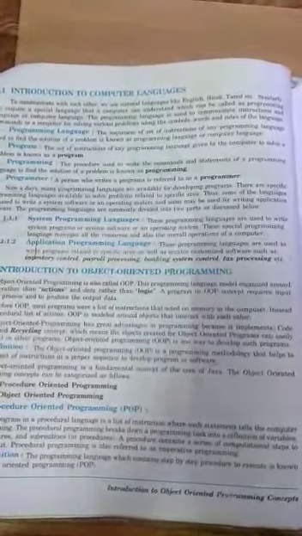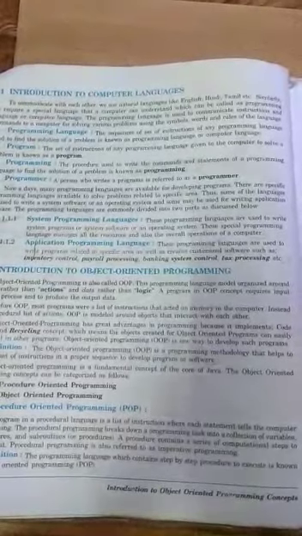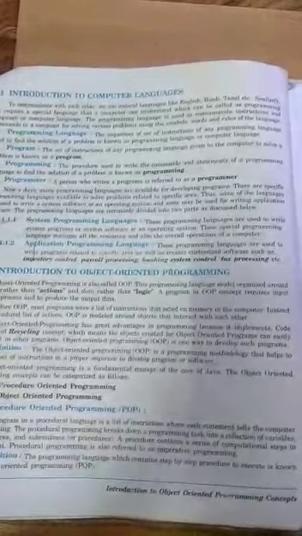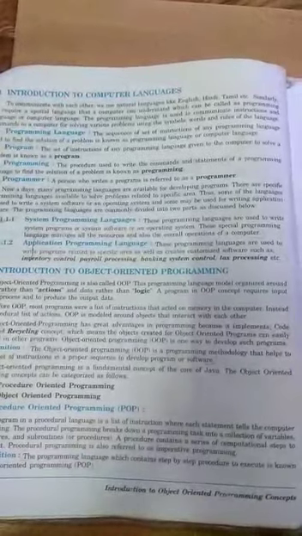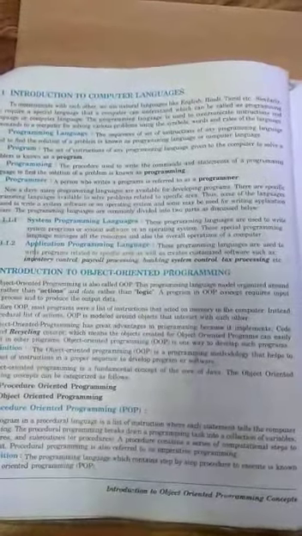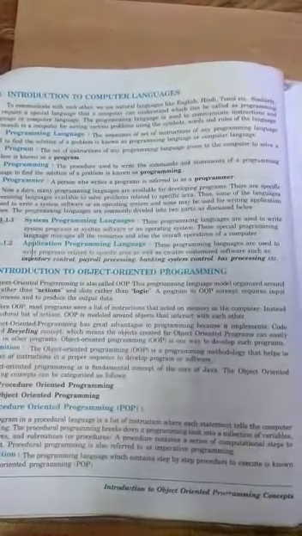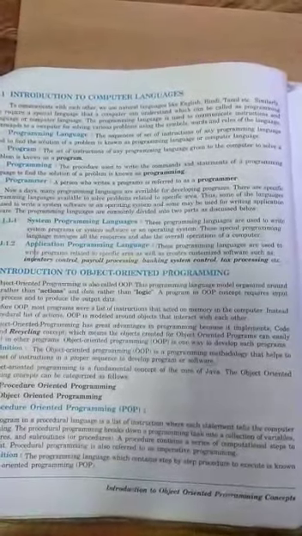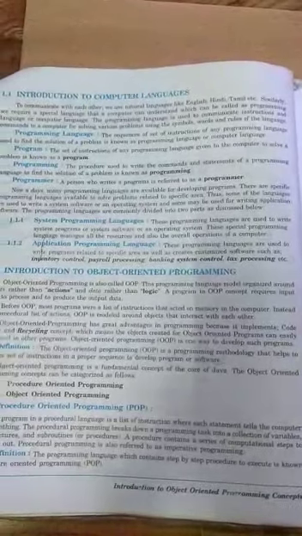So we all are doing this by the banking system. The banking system control program is also an application program. Suppose a railway reservation program. So all these programs which are related to any specific area are customized software written using the application programming languages.